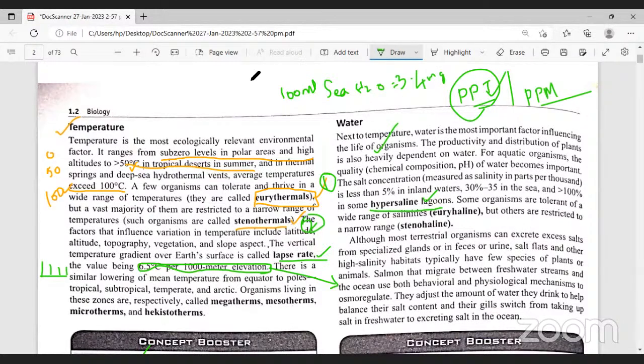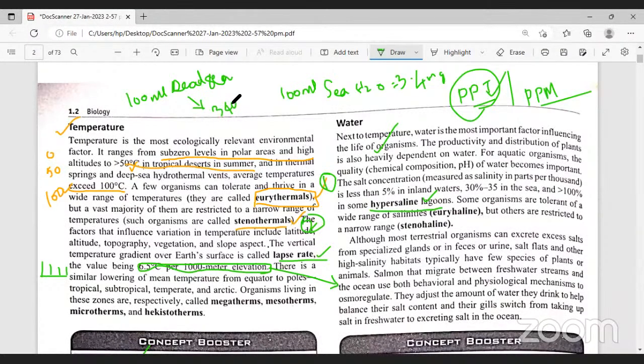Suppose we take an example, the Dead Sea. Take the same amount, 100 ml of Dead Sea water. How much will it be? See, 340 milligram, 100 times more.